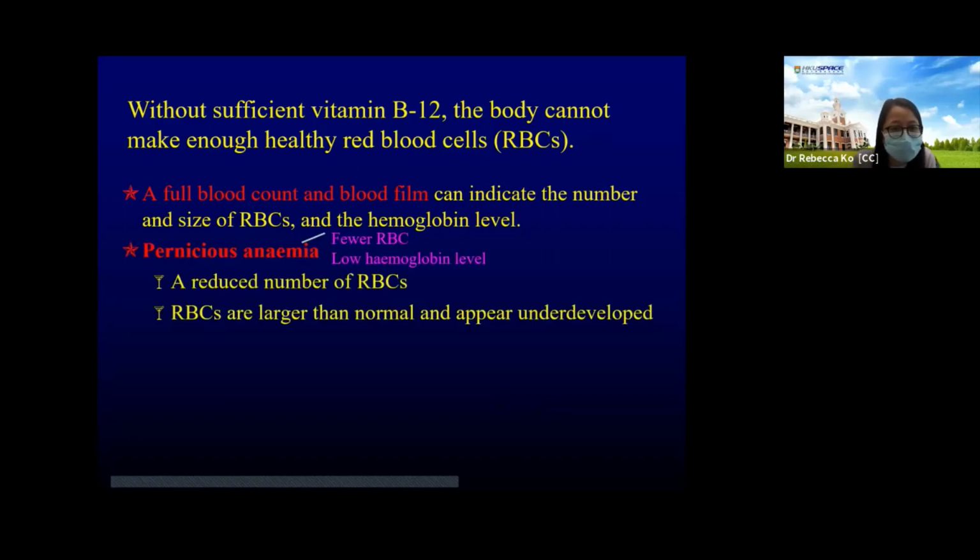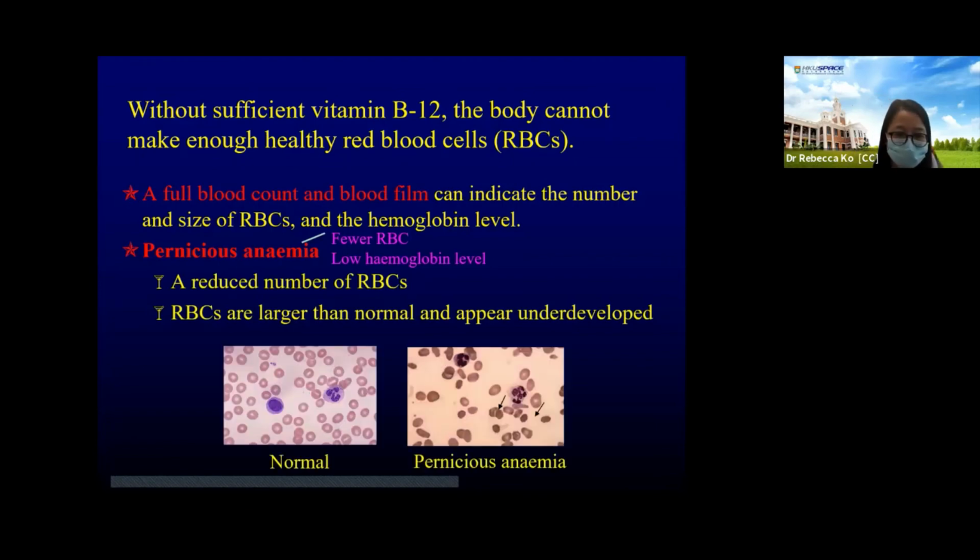Let me show you some diagrams later on. If there's a deficiency of vitamin B12, the problem is pernicious anemia. That is, the red blood cell number will be lowered, and the hemoglobin level will be lowered too.